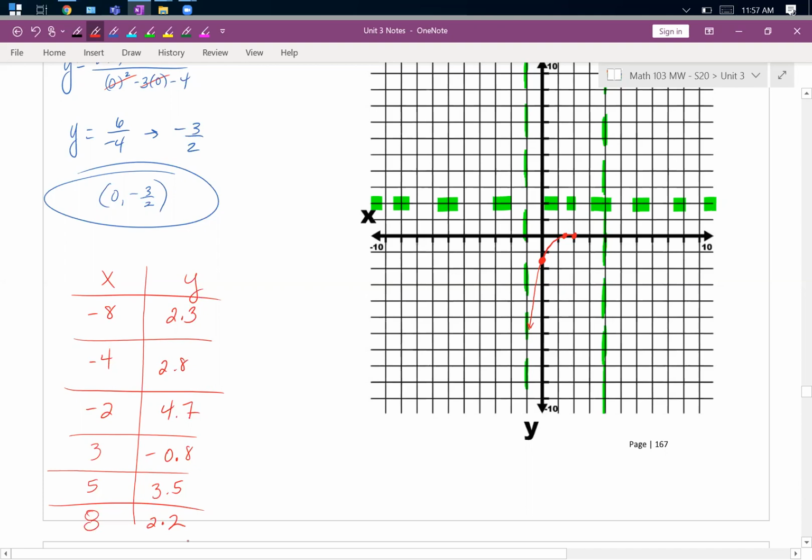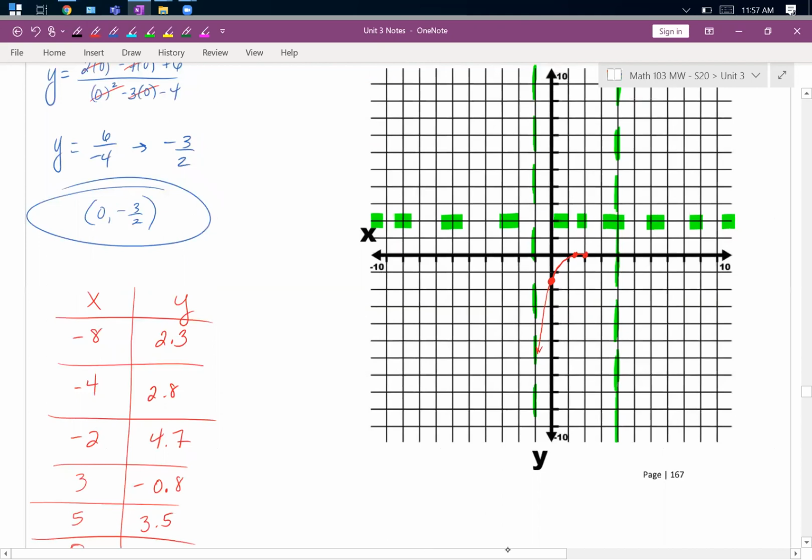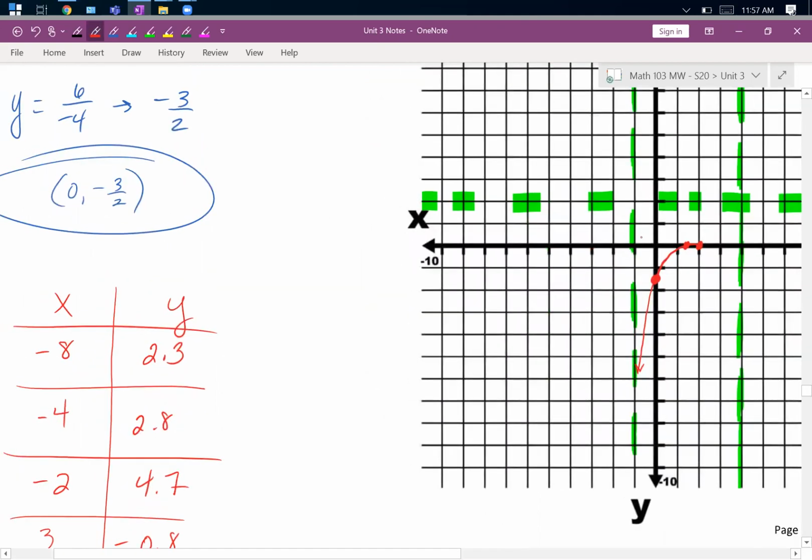And we'll plot our points. -8, 2.3. -4, 2.8. And then -2, 4.7.